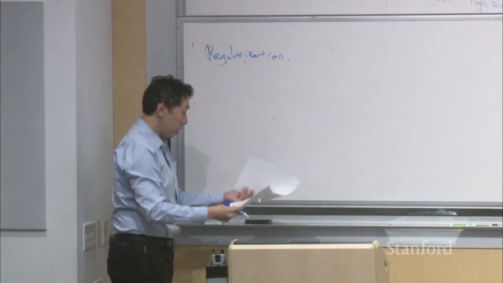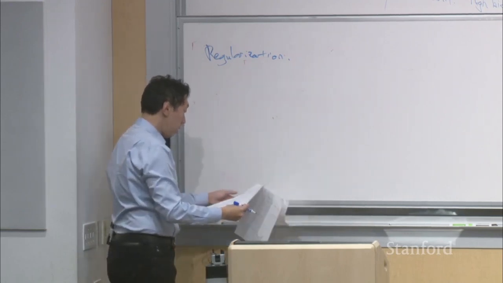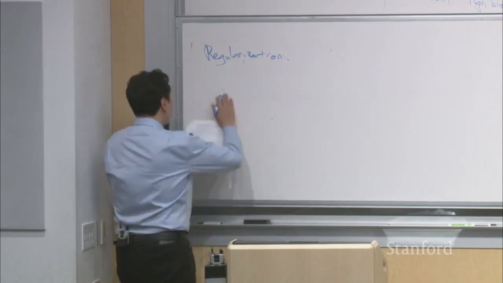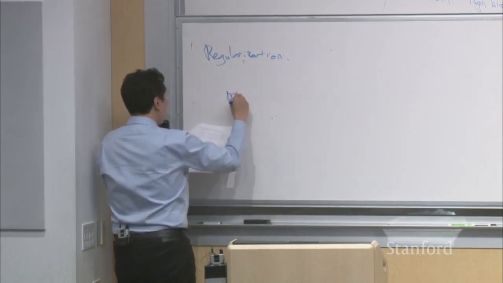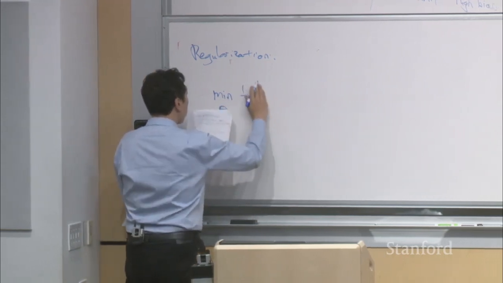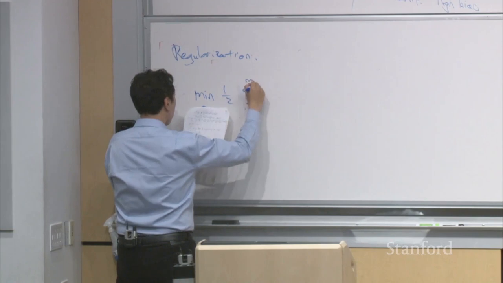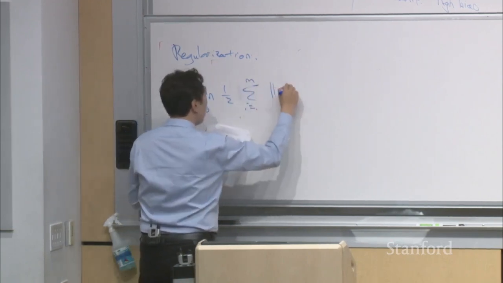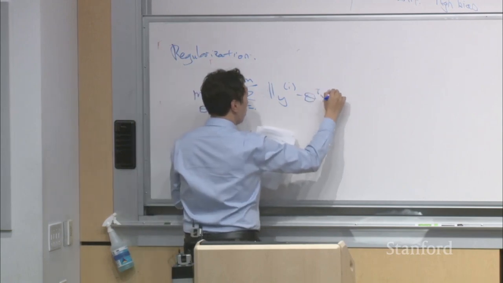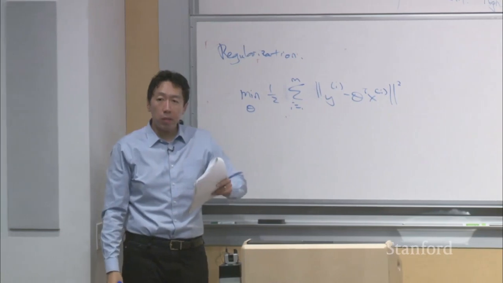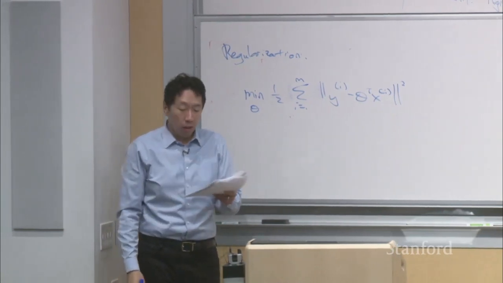So here's the idea, which is, let's take linear regression. That's the optimization objective for linear regression.